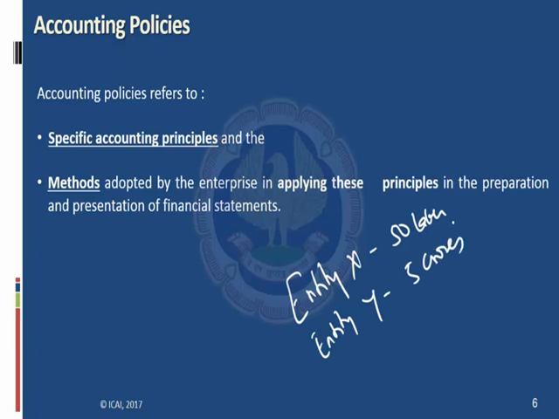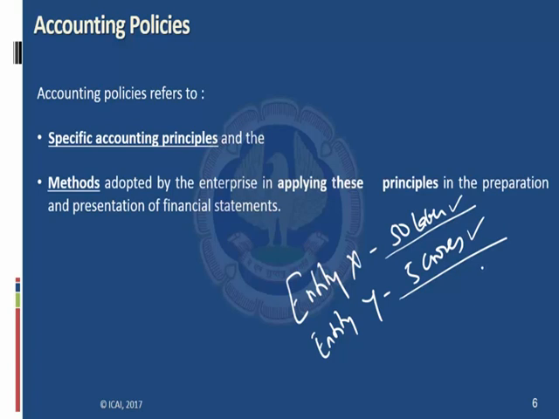Both have purchased the same land and building at the same time at the same place, and the market value for entity X is also 5 crores. But in the balance sheet, the value of land and building shown by entity X and entity Y is different.